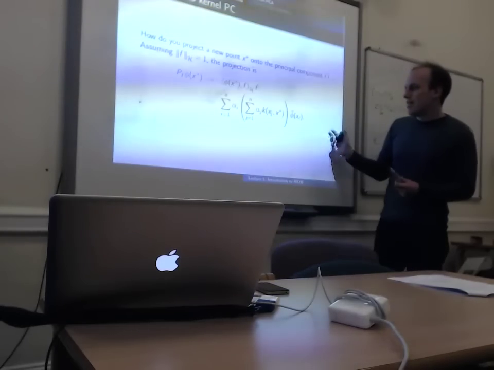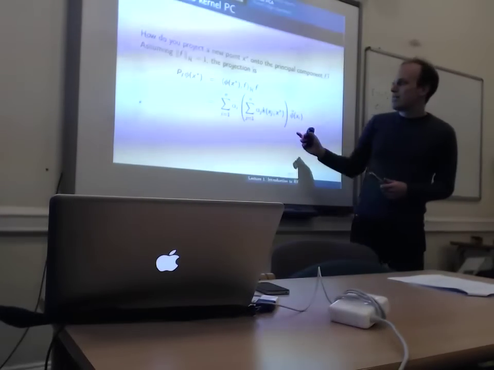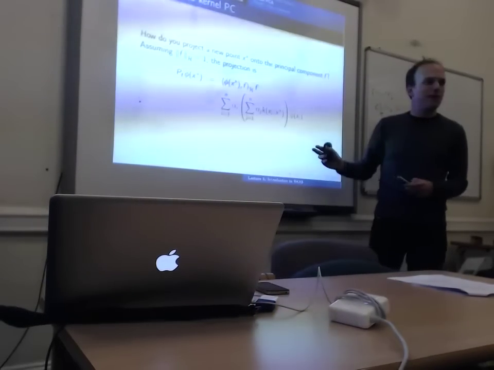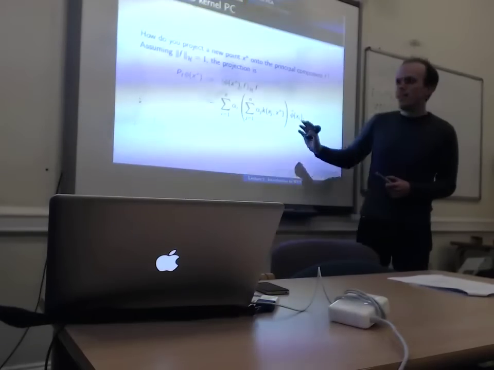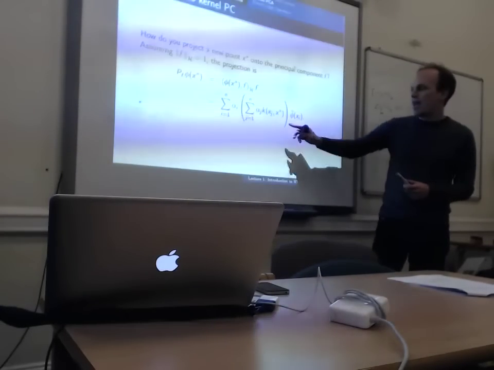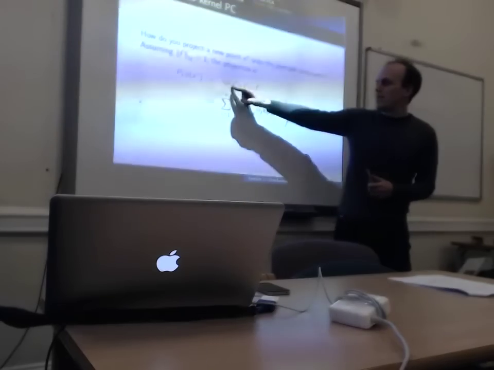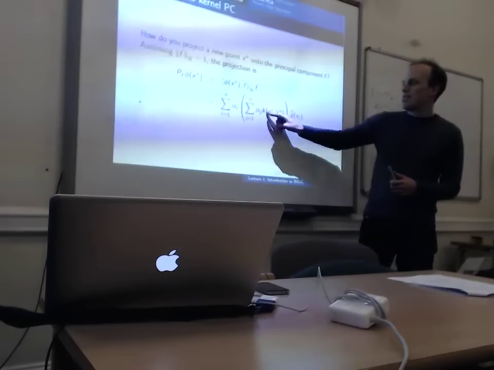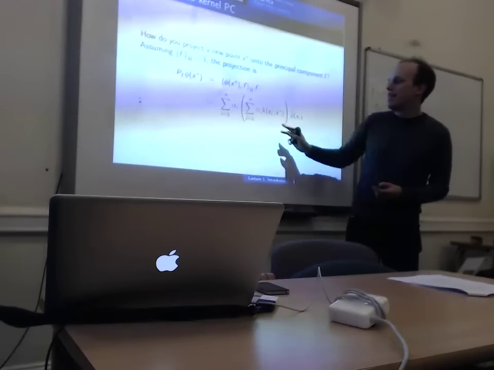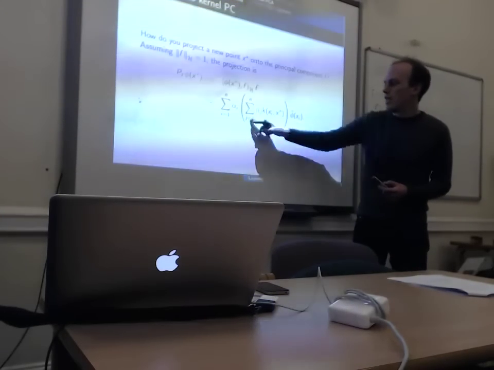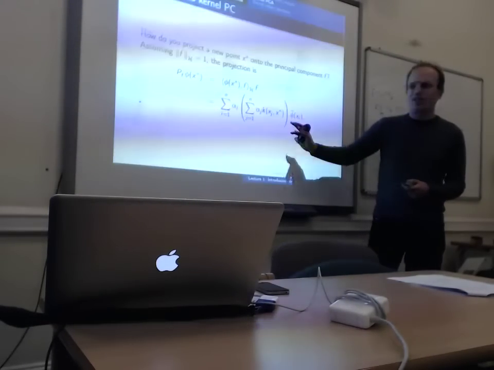So the neat thing about this is that when I'm doing this projection, bearing in mind that f is a linear combination of alpha j times phi xj, then the inner product of phi of x star and phi xj is just the kernel. This whole thing here is just a scalar because it's a linear combination of kernels.